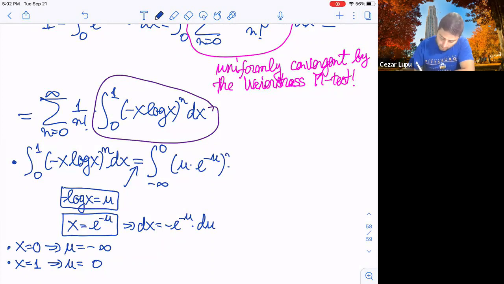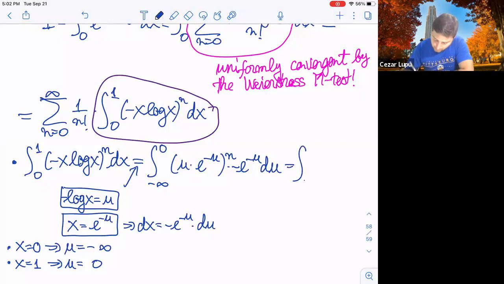So to the power n times dx will be e to the negative u du, and one negative here. Okay. That's great.